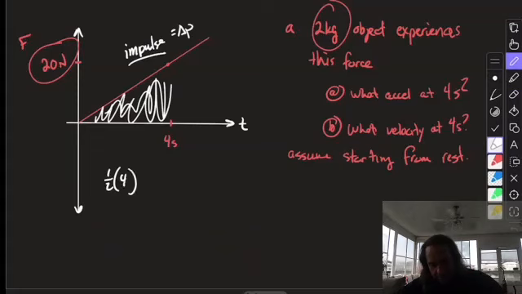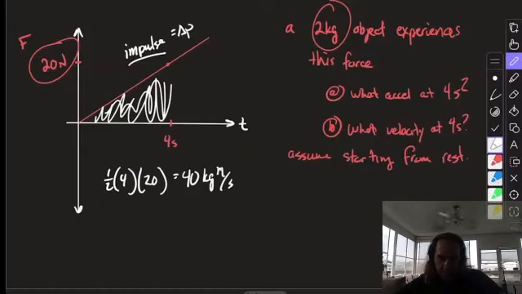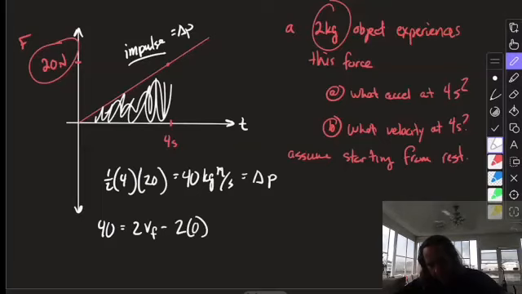So 1/2 base times height, which looks to be 40 kilogram meters per second. And that equals the change in momentum. So I'll get 40 equals 2 v final minus 2 times v initial, which was 0. So my final velocity is 20 meters per second.